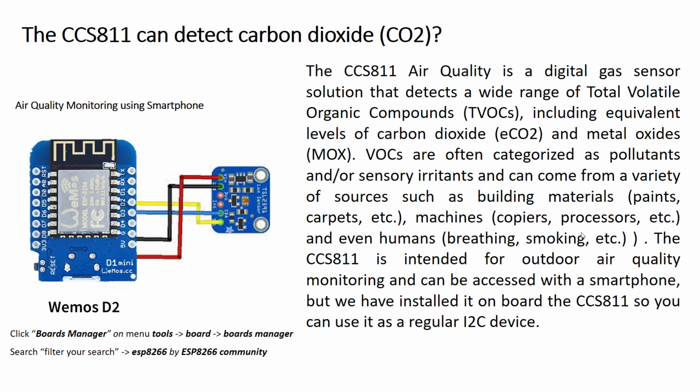And the CCS811 can detect carbon dioxide. The CCS811 air quality sensor is a digital gas sensor solution that detects a wide range of total volatile organic compounds and includes the equivalent level of carbon dioxide.